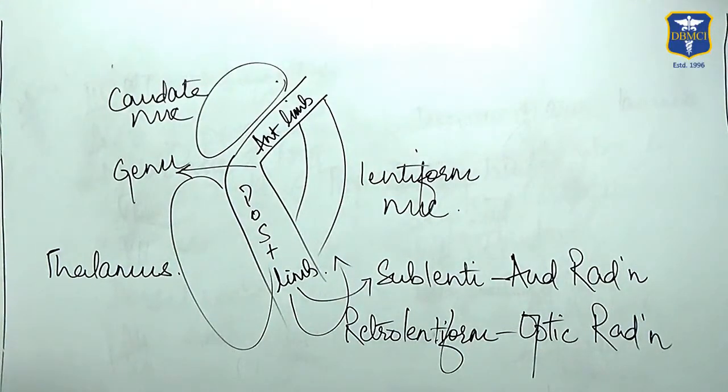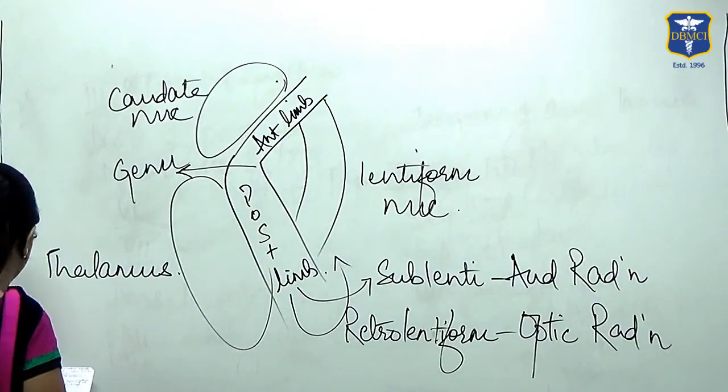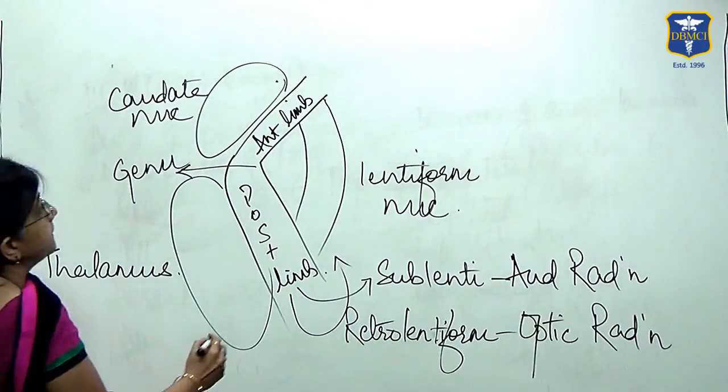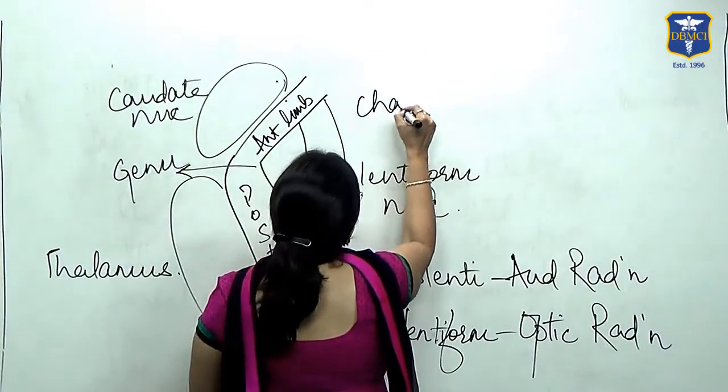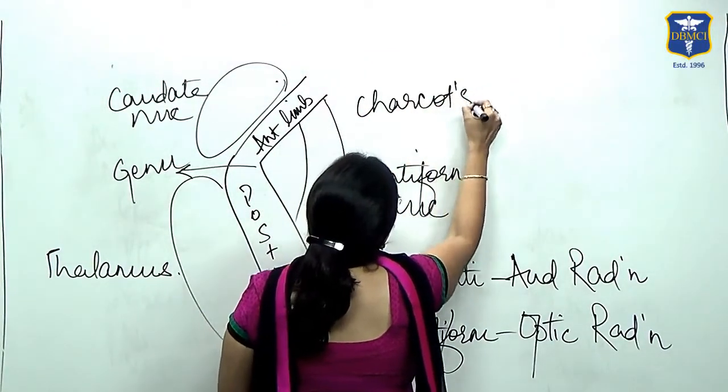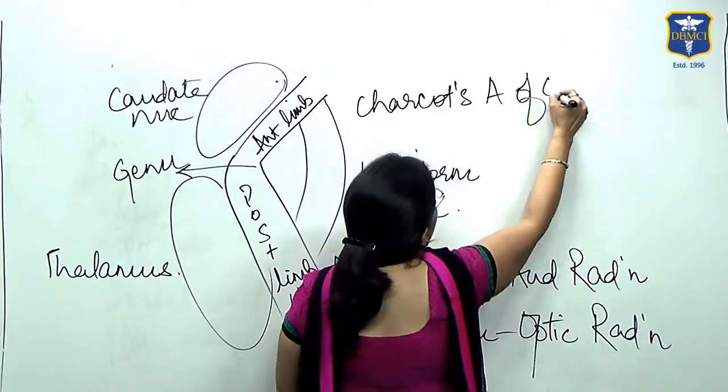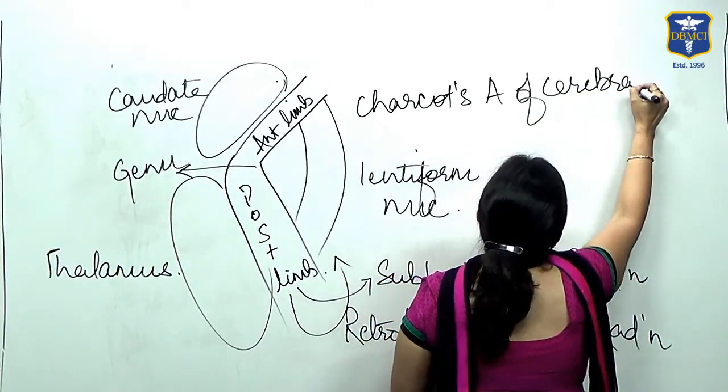Then we have Charcot's artery of cerebral hemorrhage.